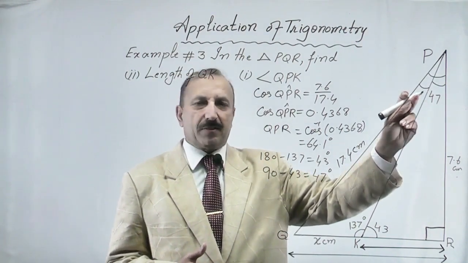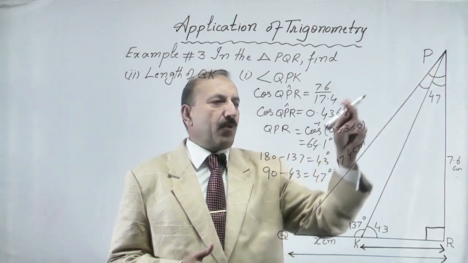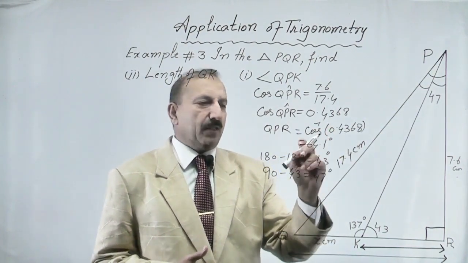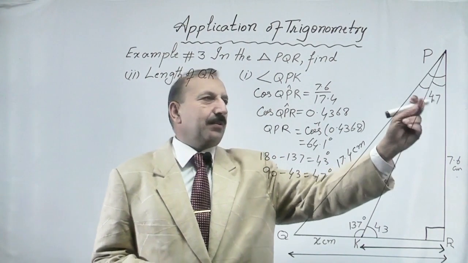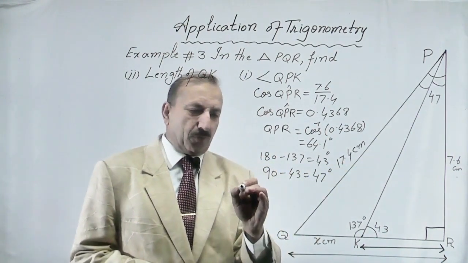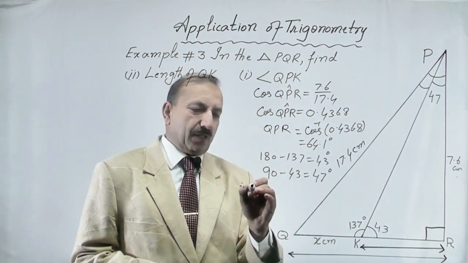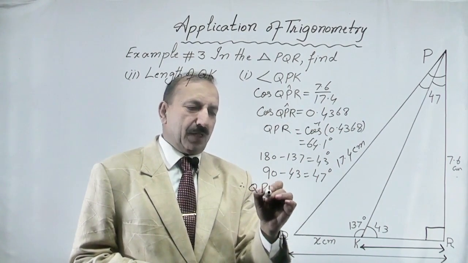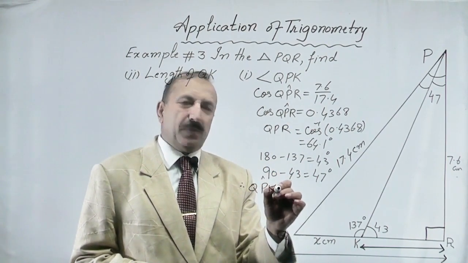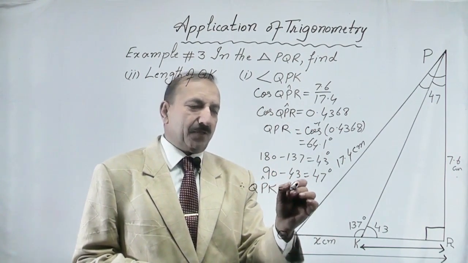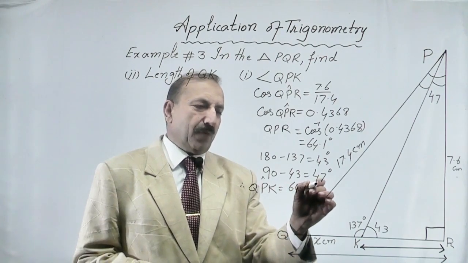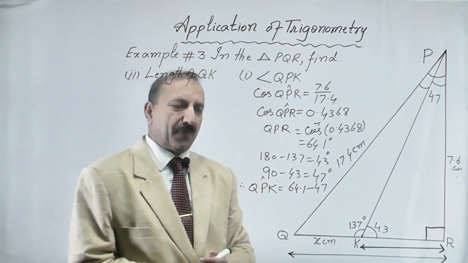Our ultimate answer is this. From this total angle we have found here, 64.1, we will subtract this angle to get this one. So therefore QPK angle will be equal to total angle 64.1 minus 47.